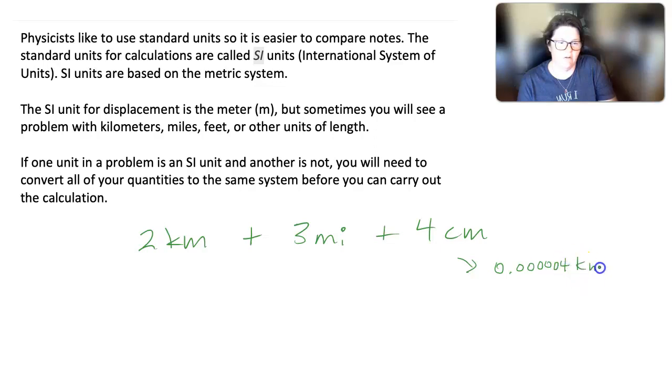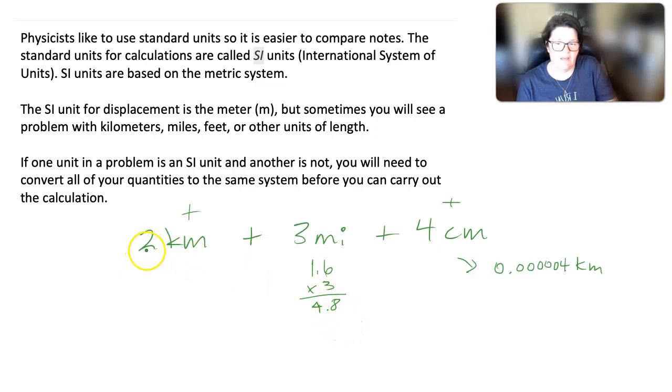This would be 4 centimeters is 0.000004 kilometers. So to add these two together, it would be 2.000004 kilometers. And then to add in the 3 miles, you would have to change that to kilometers as well. So there's about 1.6 kilometers in a mile, so you'd have to do 1.6 times 3, which is, if my math serves me, 4.8.